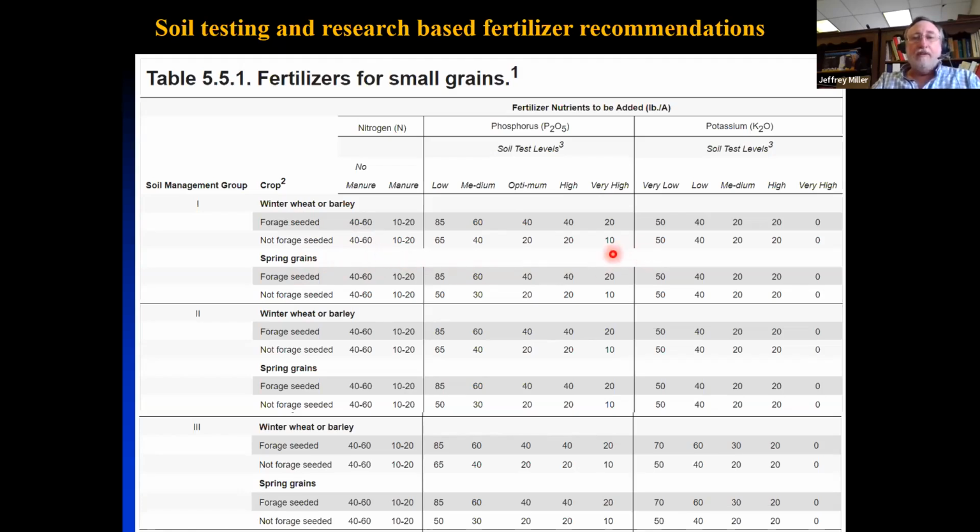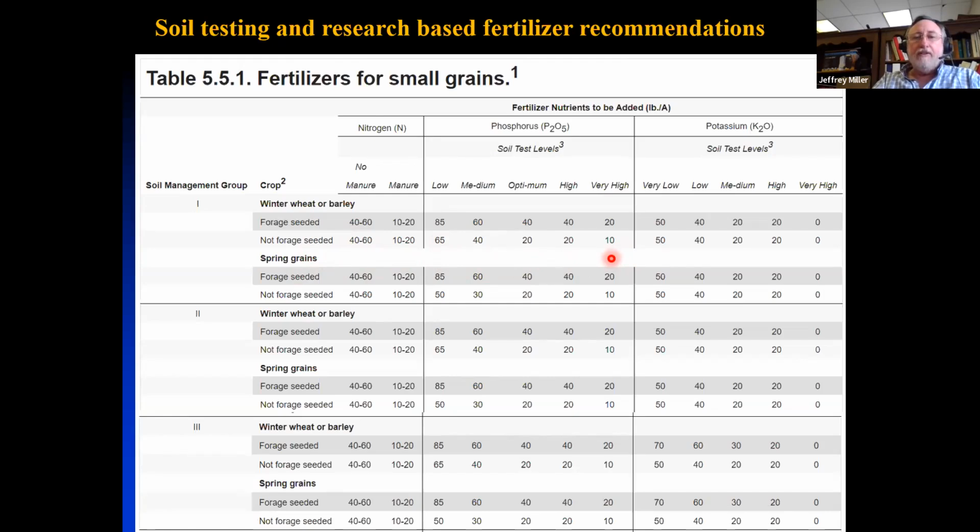If you had very low levels of phosphorus, you'd be recommended to apply 65 pounds of P2O5 per acre. If you had very high levels of phosphorus, you're still recommended to apply 10 pounds of P2O5 per acre.